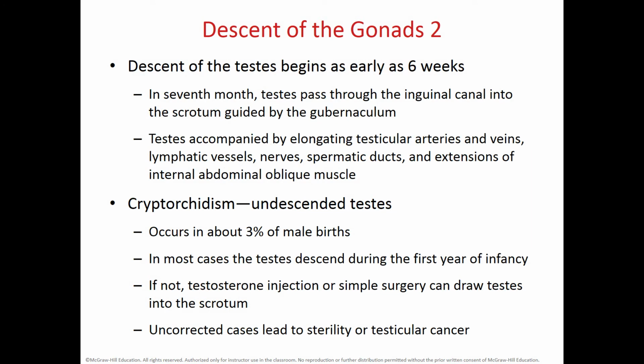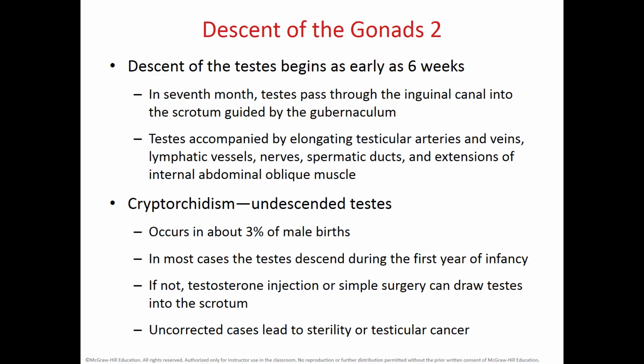The testicles begin descent into the scrotum as early as week 6, and by month 7 they are supposed to start passing through the inguinal canal and then descend into the scrotum.